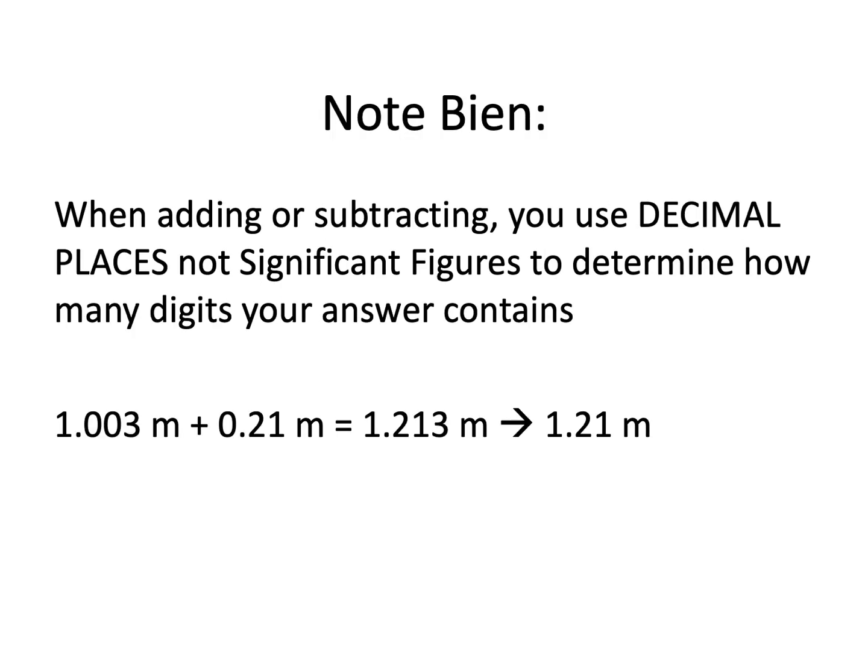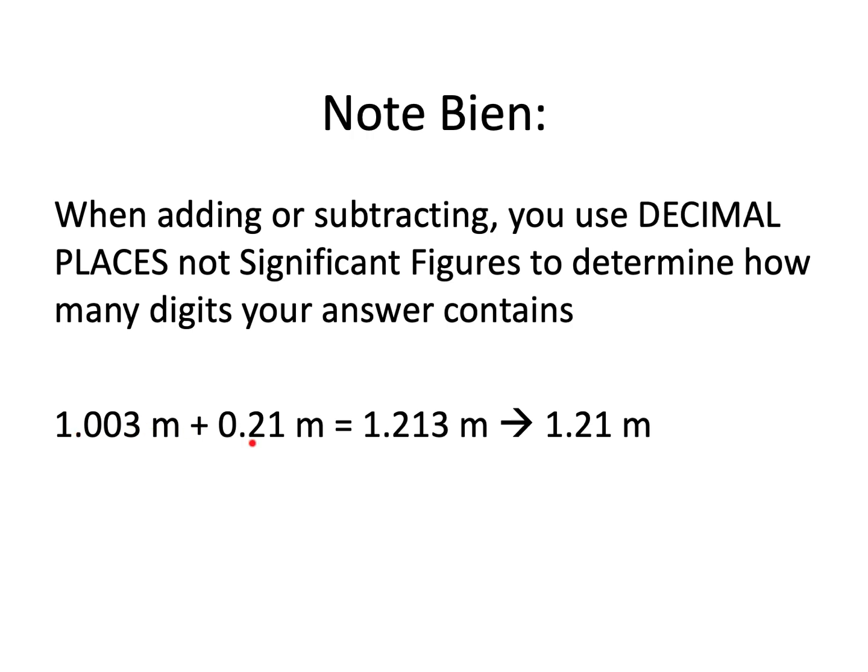Now, I have a note bien, which is French for note well. When adding or subtracting, you use decimal places, not significant figures, to determine how many digits your answer contains. So let's look at one last example. I've got 1.003 meters plus 0.21 meters. This guy has 4 significant figures. This guy has 2 significant figures. None of that matters. The sig figs don't matter when you're doing addition and subtraction. What matters is the number of decimal places.